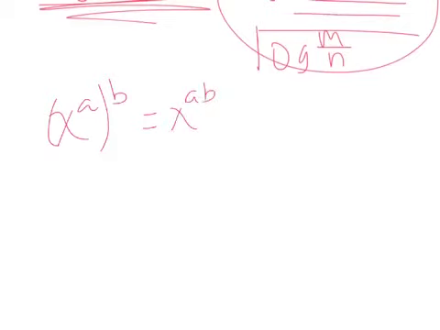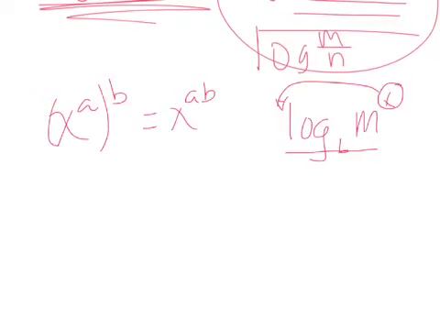Well, since logarithms are actually treated like exponents, if I have log base b of m to the power of x, in this case, log base b of m is treated like an exponent, and x is treated like an exponent. The power rule states that I can put the x in the front. x times log base b of m.